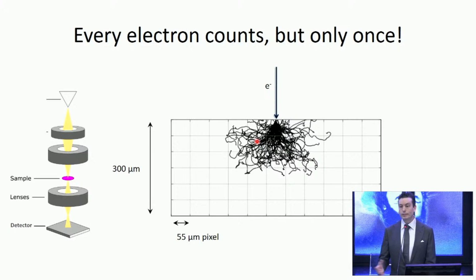Electrons are quite happily detected. If you pass them through a semiconductor layer, they will happily leave behind their charge in a charged cloud. But for imaging purposes, we're only really interested in this point of impact, where the electron hits this sensor layer. We don't want to see it in all the other pixels.